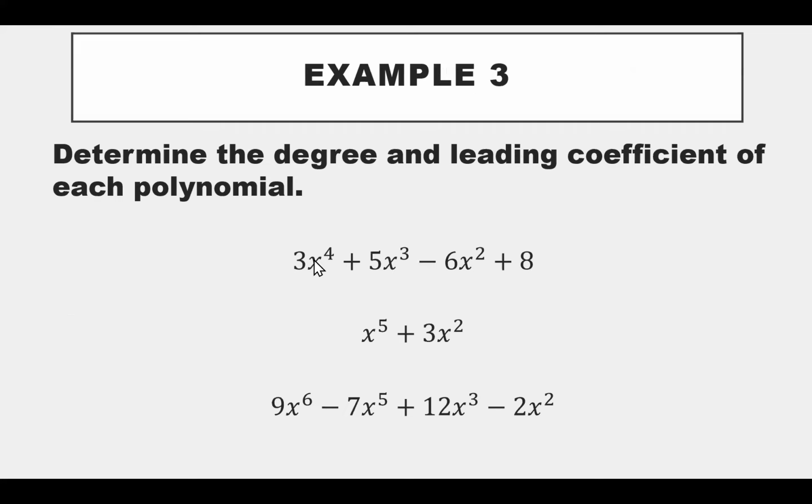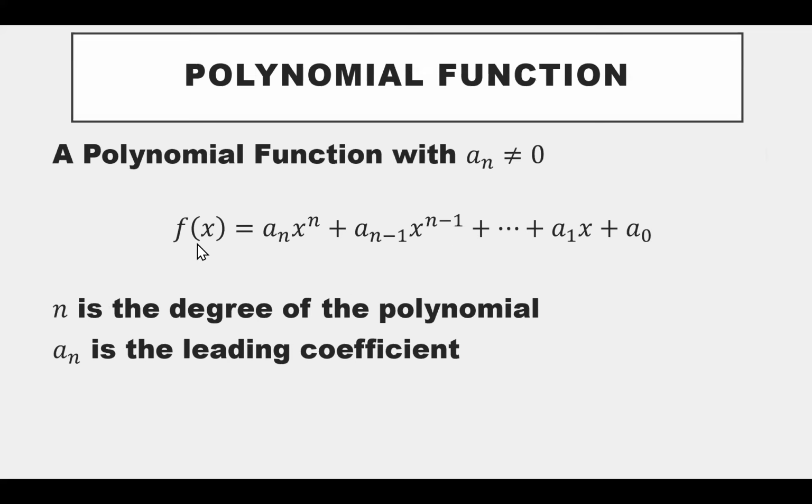So let's take each polynomial and determine the degree and leading coefficient of that polynomial. By the way, hopefully we know that a polynomial function is a function whose output is a polynomial. This expression is a polynomial expression, just called a polynomial.